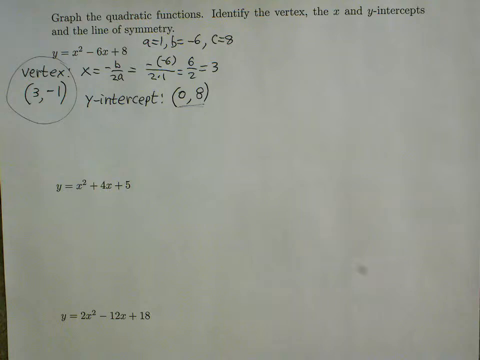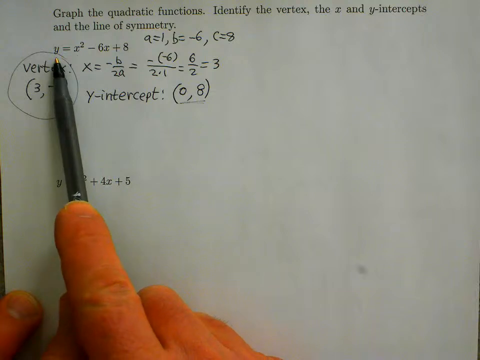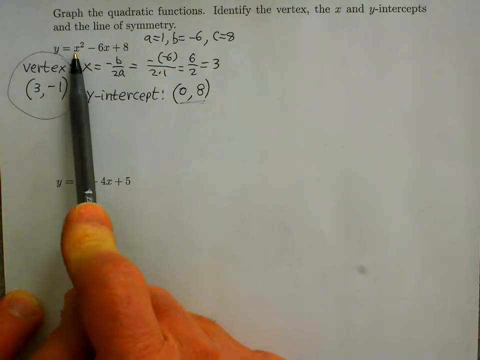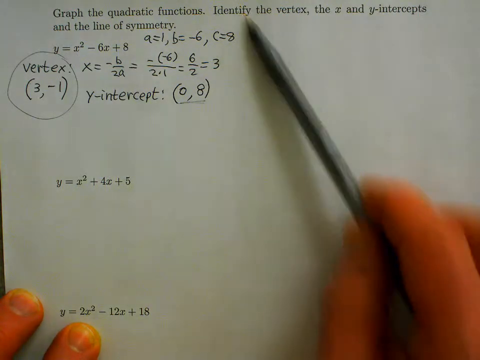So we have clues right in front of us. The quadratic function is y equals x squared minus 6x plus 8. The leading coefficient is positive, so what does that tell us about the parabola? Yeah, the parabola opens upward.